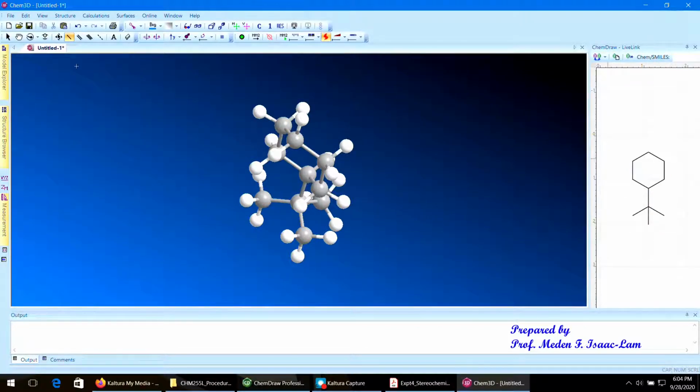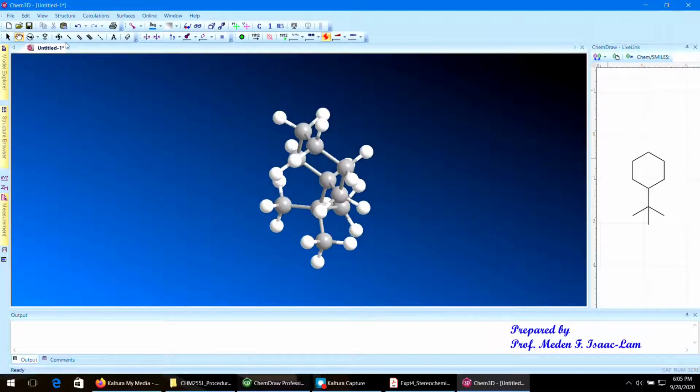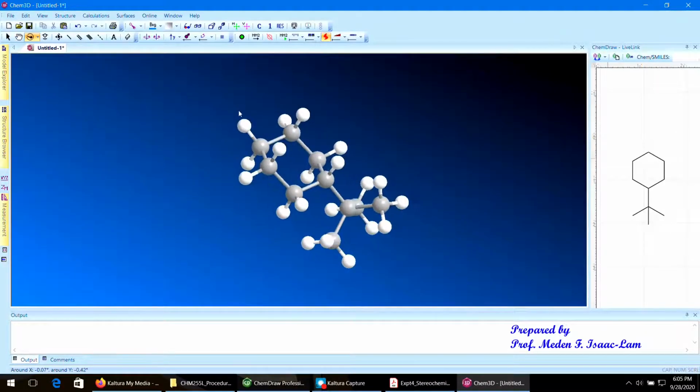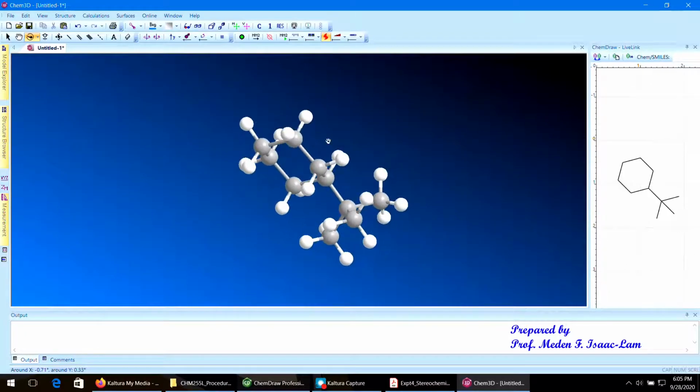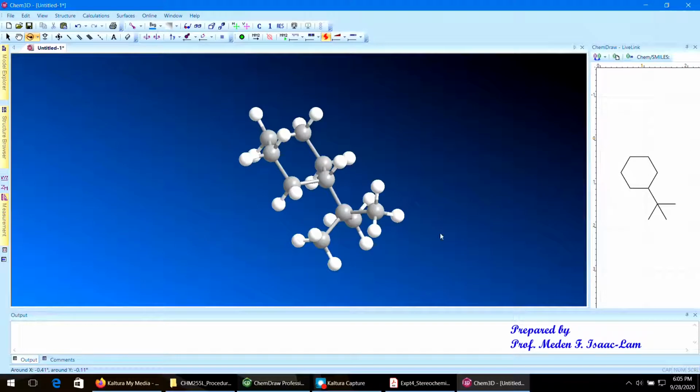So now I can use the tools on top. I can use the hand and then translate it like that, or I can use this tool to rotate. Okay. So I want to orient the molecule such that it's the same as the picture that I've drawn in the handout.